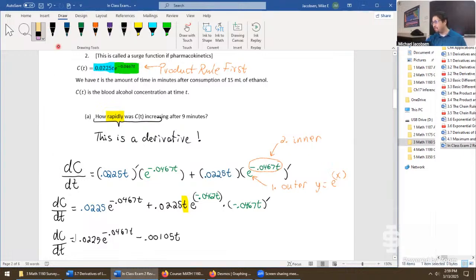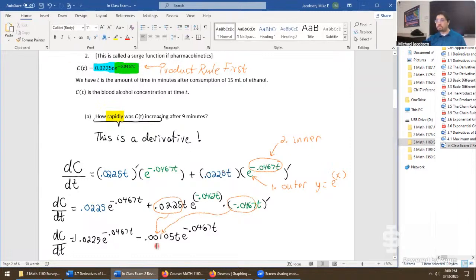Let me drop the highlighting so it doesn't just seem weird. And e to the power negative 0.0467t. Okay, that's now corrected. And what I was trying to say earlier is this number is the result of that times that is where we got that. Does that make sense so far, folks, to this level?